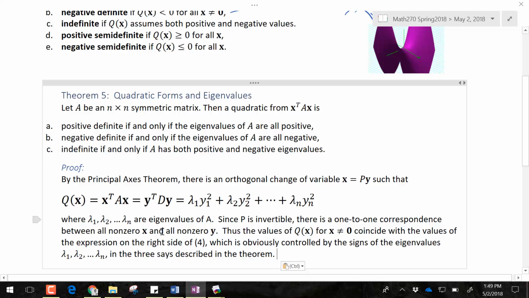If you have a symmetric matrix and a quadratic form that comes from that matrix, then your quadratic form is going to be positive definite if all your eigenvalues are positive. So it really just depends on your eigenvalues. Negative definite if all your eigenvalues are negative, and indefinite if your eigenvalues are composed of both negative and positive eigenvalues.